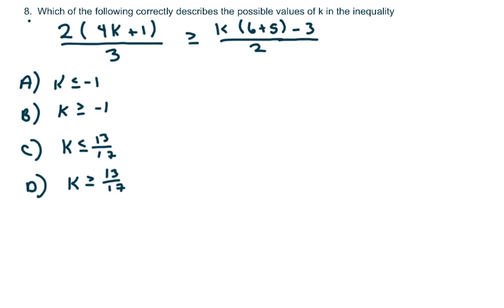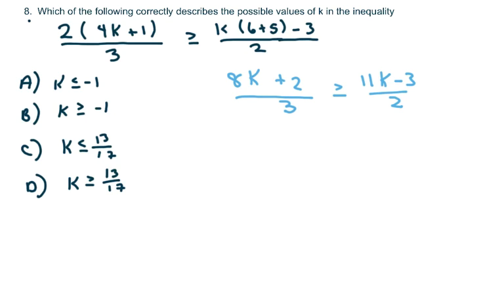The next one is kind of like a solving problem. So basically, it's just about how you're going to solve this. The first thing we want to do is kind of simplify the numerator here. And you get 8k plus 2 over 3 is greater than or equal to 11k minus 3 over 2.